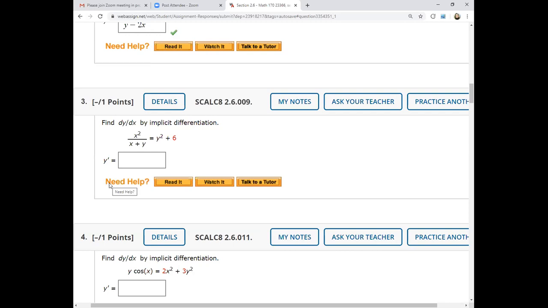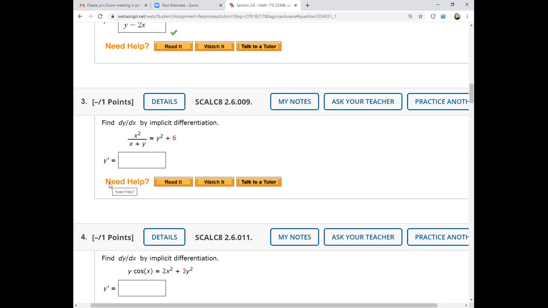That leaves me with 2x, open parenthesis, x plus y, minus x squared, minus x squared dy/dx. I went ahead and distributed that one. I could have distributed the first one too, and I will eventually, but I think it's easier to write it if you see it.